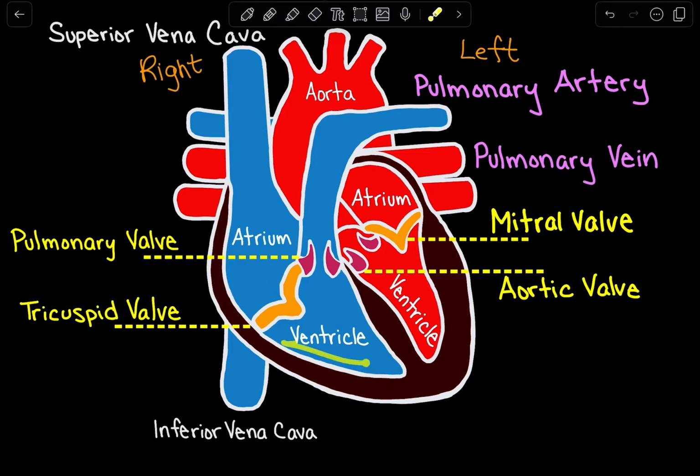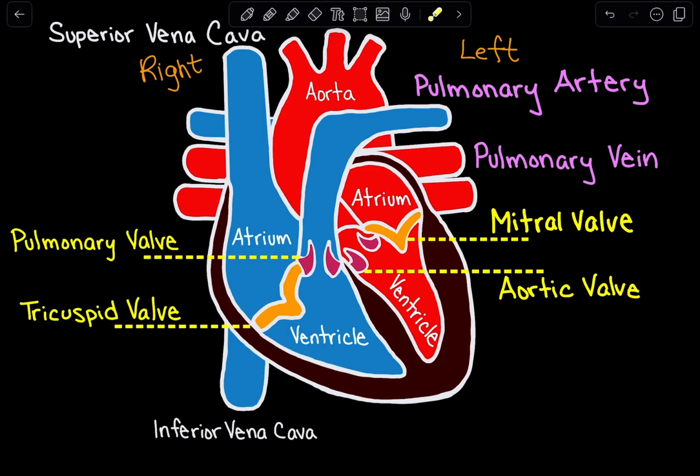Now our deoxygenated blood is in our right ventricle. It's going to pass through another valve, and this one is called the pulmonary valve. After the deoxygenated blood passes through the pulmonary valve, it's going to enter the pulmonary artery. Remember, when we previously defined arteries and veins, we said arteries move blood away from the heart, and veins bring blood to the heart. That's really important to remember.